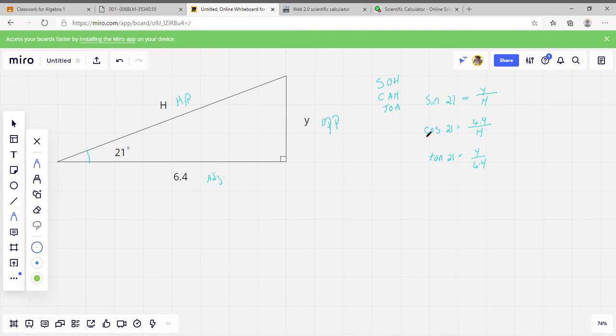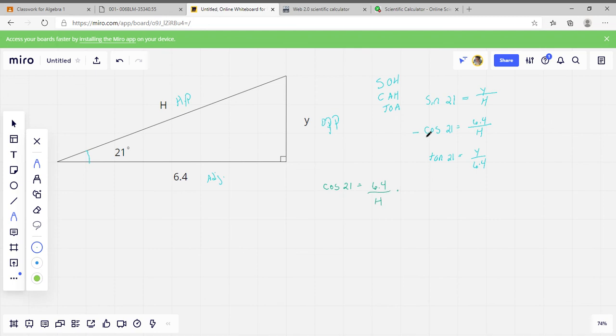All right, so we'll do this cosine one first. Cosine of 21 equals 6.4 over h.